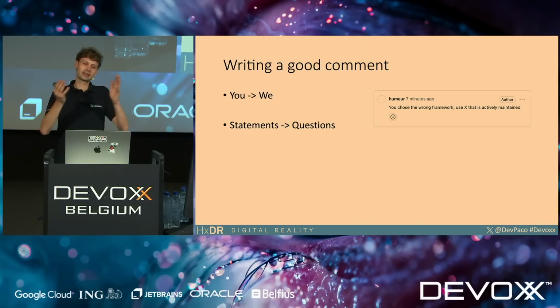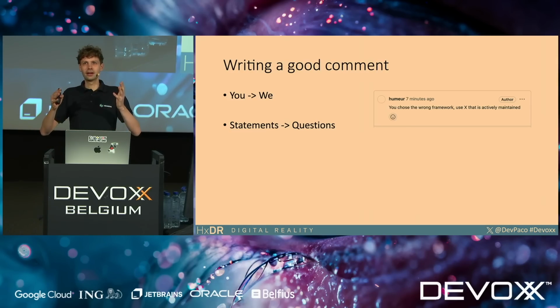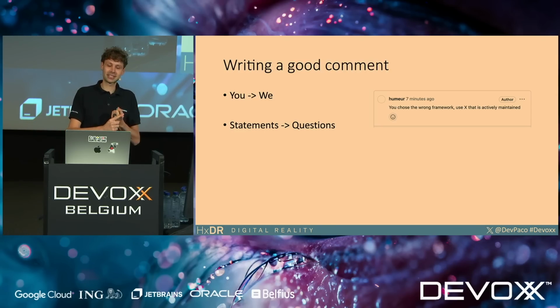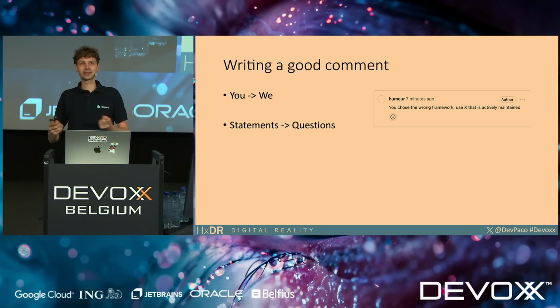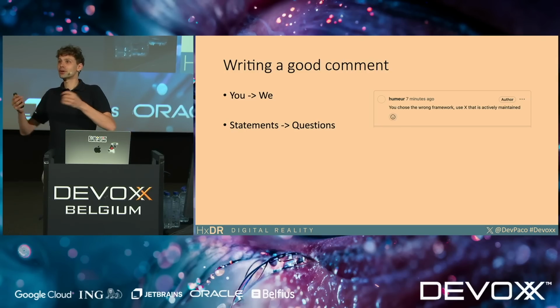Whereas if we would convert this into a question, why did we choose this framework? You don't risk being wrong, because otherwise you just start making bold statements, and if you make wrongly based statements, I really hate those people. Sorry. If you ask a question, people are also more likely to cooperate.